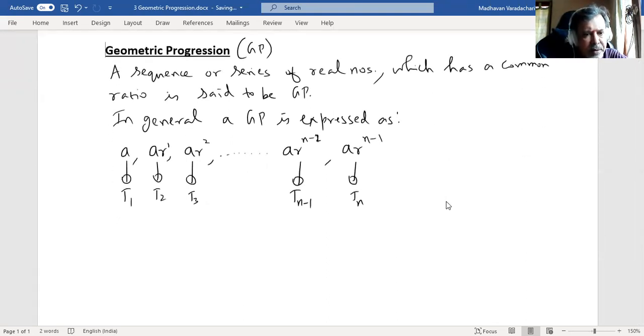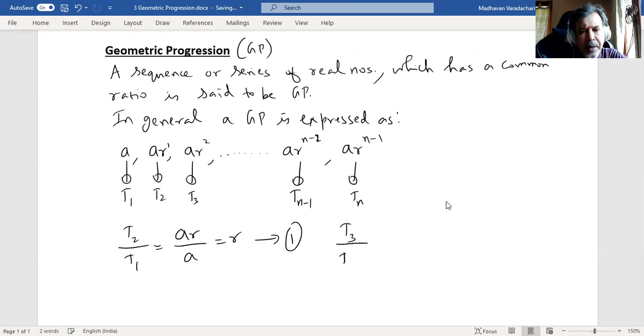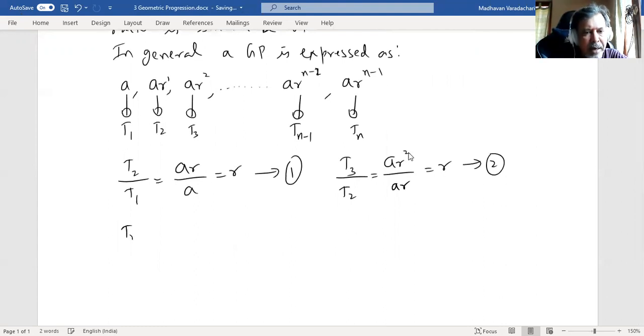So we may notice there is a common ratio. T2 divided by T1 is AR by A, which is R. Then if I divide term 3 by term 2, it is AR square by AR, which will also give you R. Same way, if I consider term n by term n minus 1, we get AR power n minus 1 by AR power n minus 2.